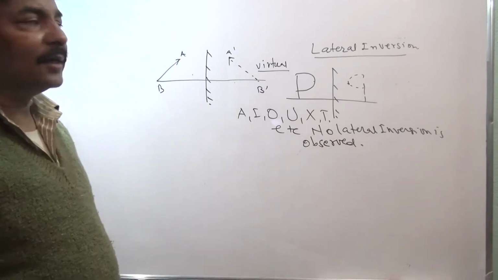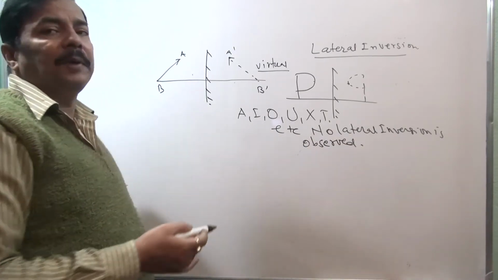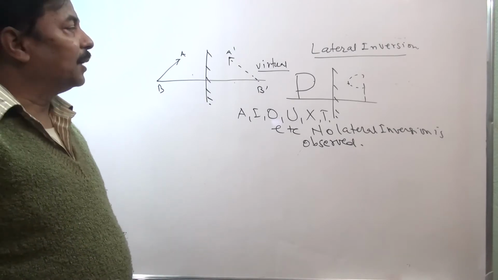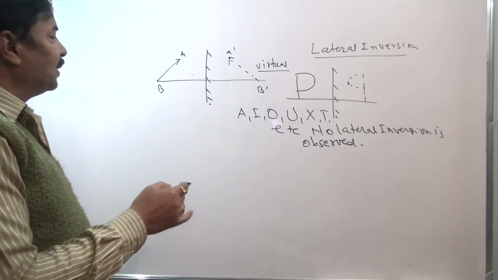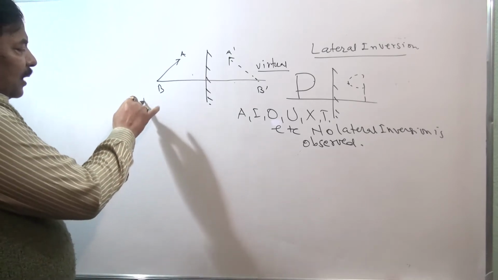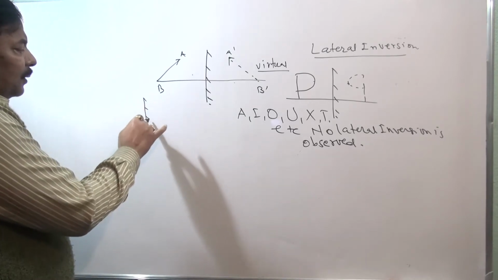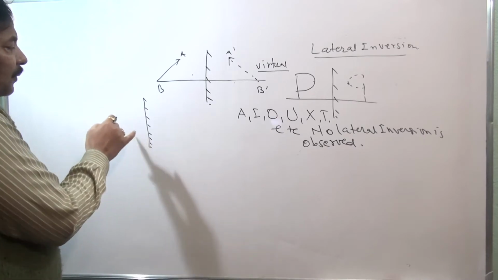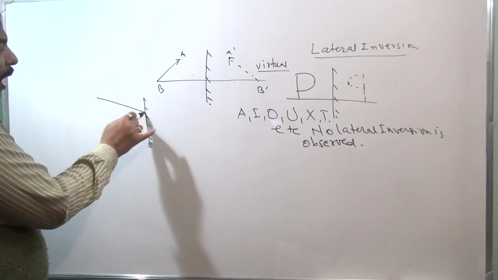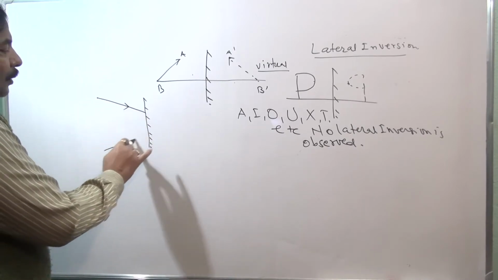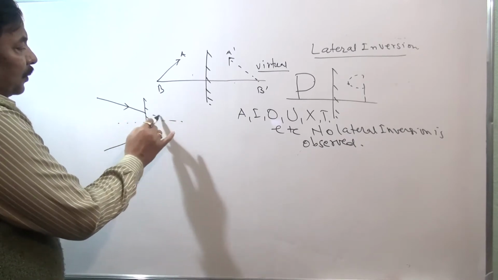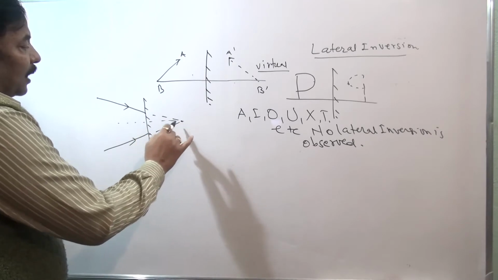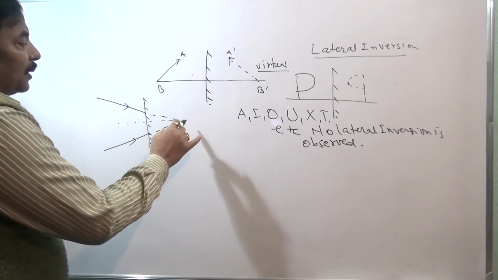Now the question arises: here we have seen that the plane mirror forms a virtual image. Can we expect a real image from the plane mirror? The answer is yes. You can understand it this way: if the plane mirror is in this way and the rays falling are converging, then you will observe that the incident rays meet at this particular point.